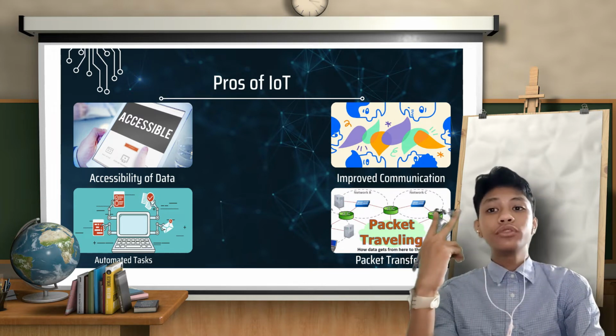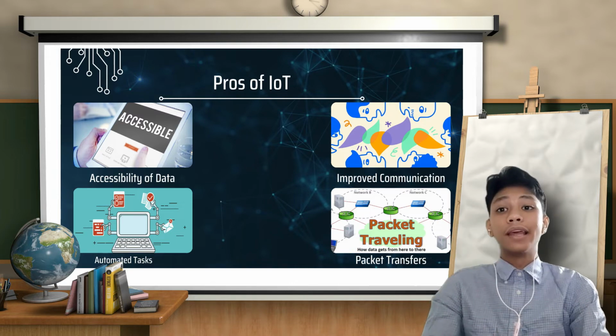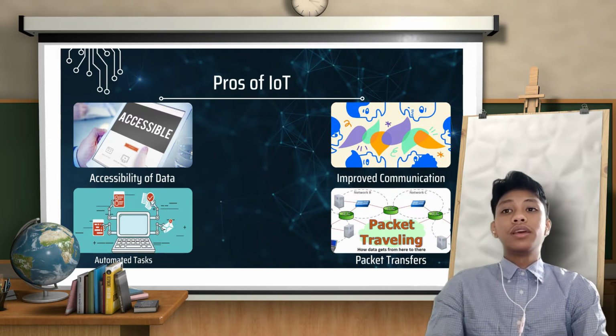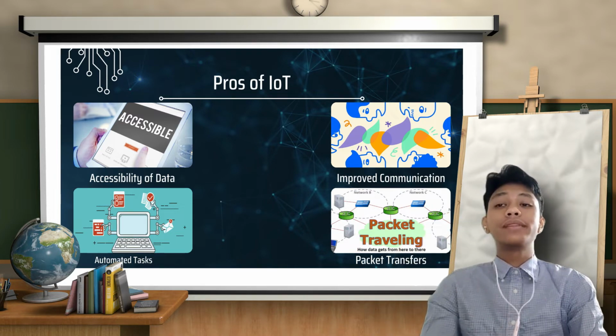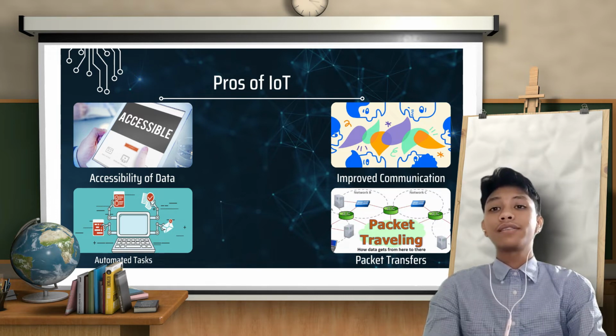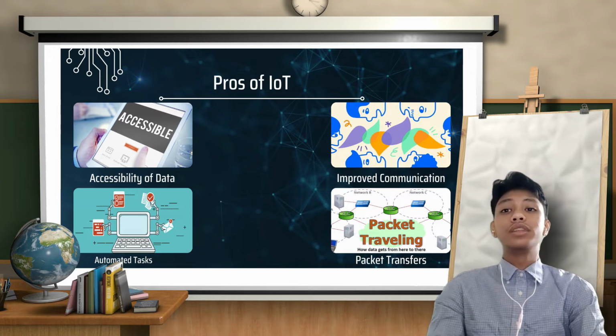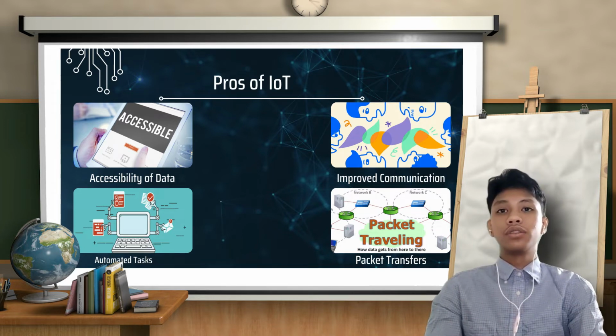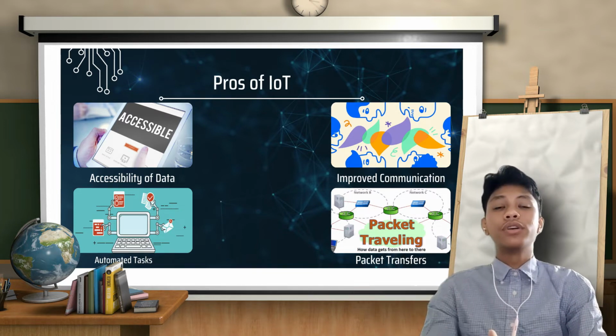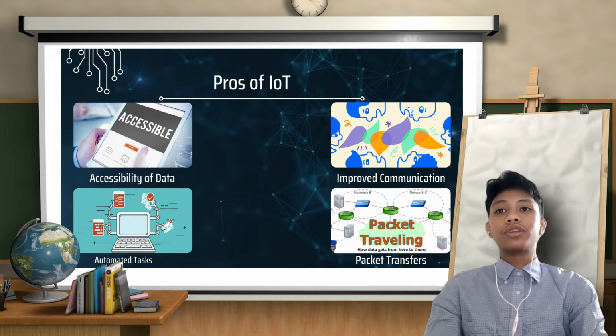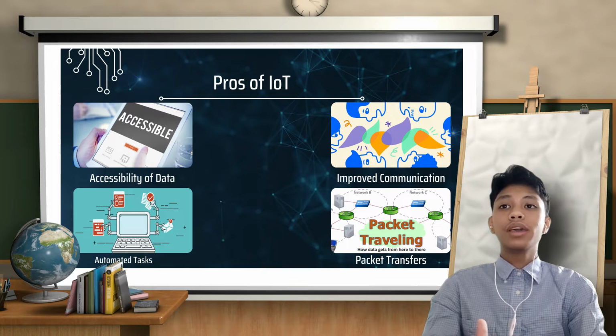Second, we have improved communication between connected electronic devices. And third, we have automated tasks, which helps to improve the quality of business services and reduces the need for human intervention. And for the last one, we have packet transfers, which is transferring data packets over a connected network, saving time and money.